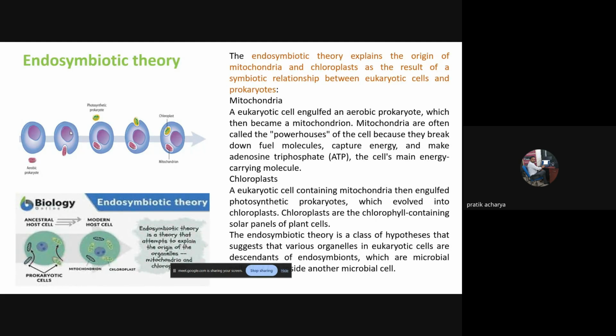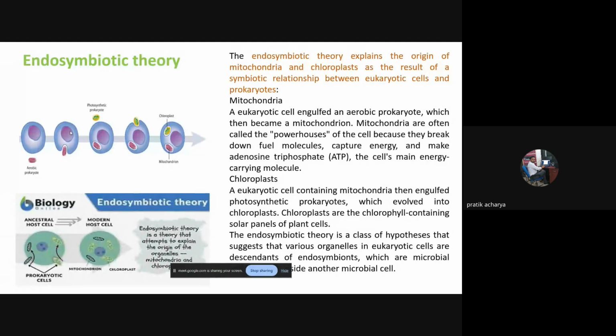It means all the properties of the cell are maintained by cellular DNA, which is present in the nucleus, but only the mitochondria in the cell have their own DNA, mitochondrial DNA. Mitochondria are known as the powerhouse of the cell, and they help in synthesizing ATP.